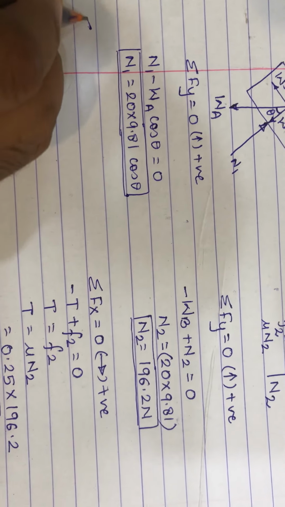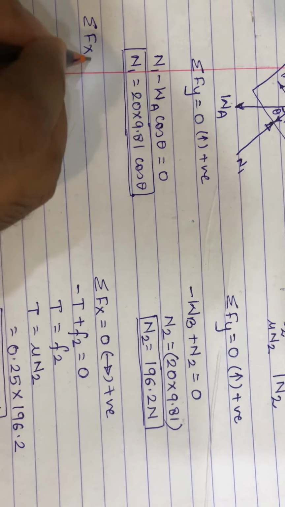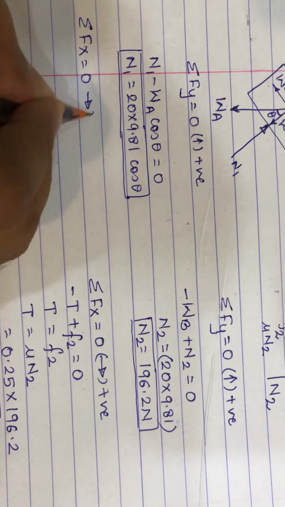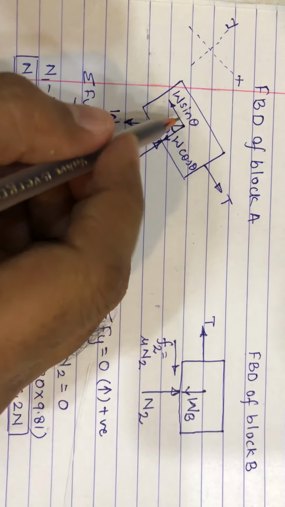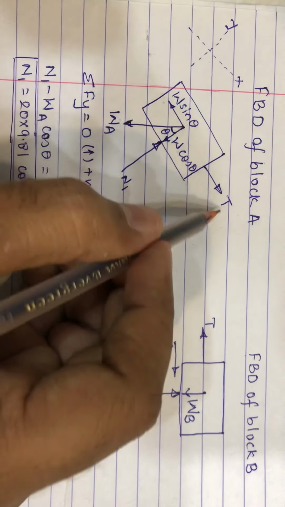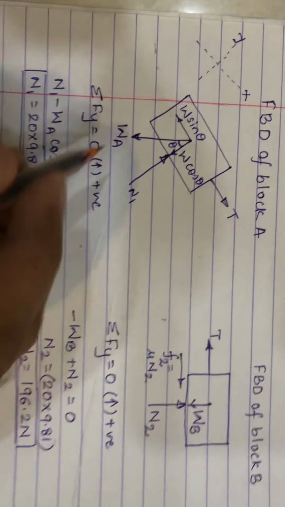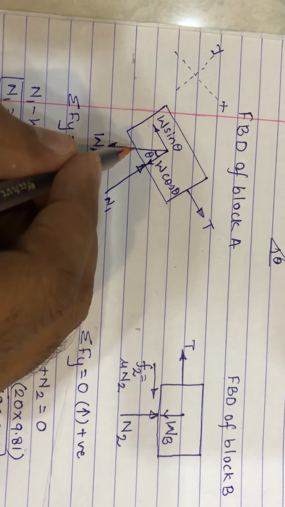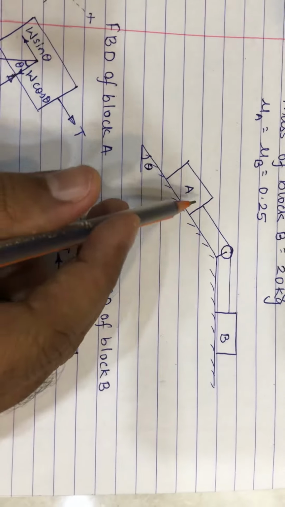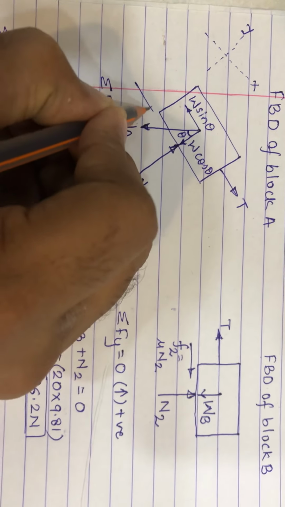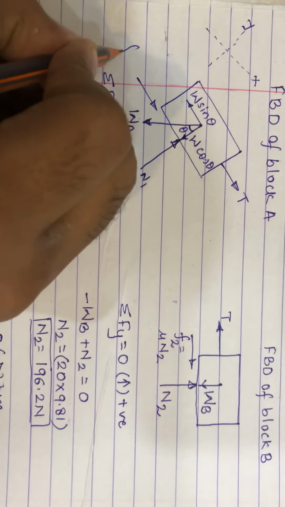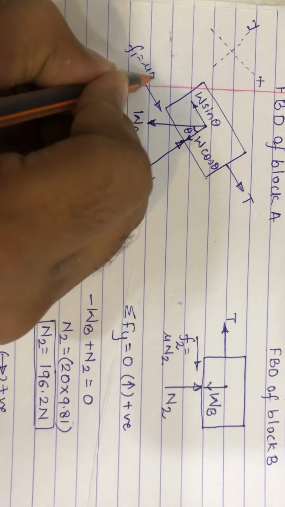Now we'll go with summation of Fx equals 0, taking one direction as positive. The Fx forces are W sin theta, the tension T, and the friction. As block A is moving downward, the friction will be in the upward direction, taken as F1, which is mu N1.